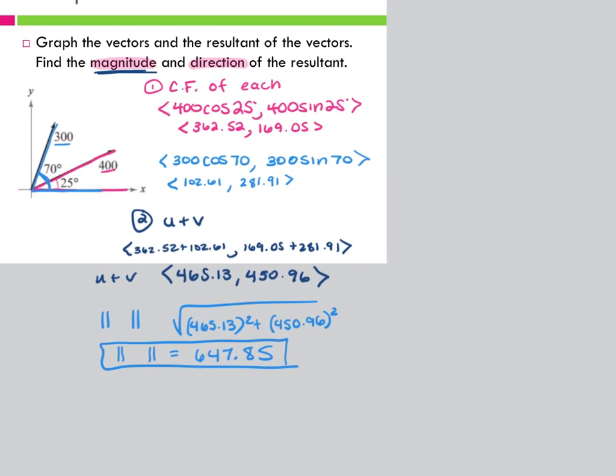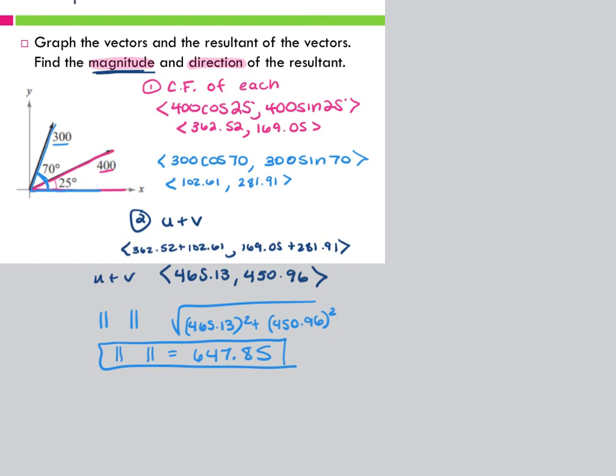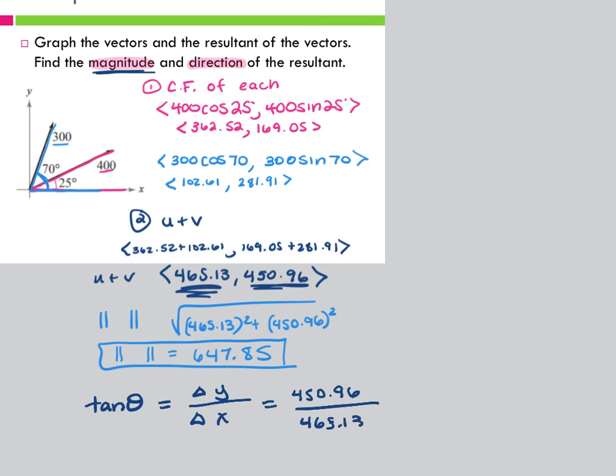To find the angle formed when we add these two, I do tan of theta equals the change in y, this time from the sum, over the change in x. So the change in y is this one, 450.96. The change in x is this one, 465.13.